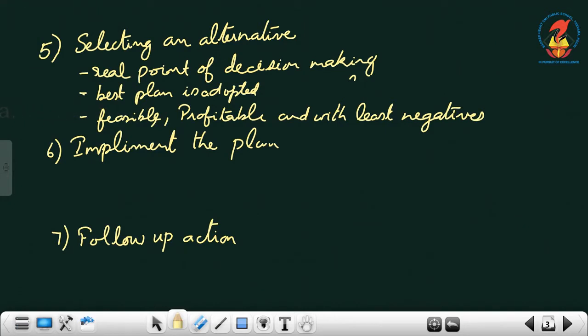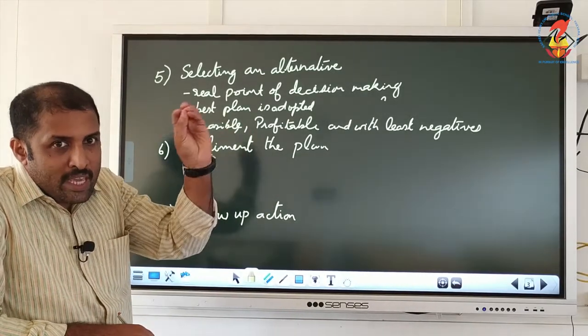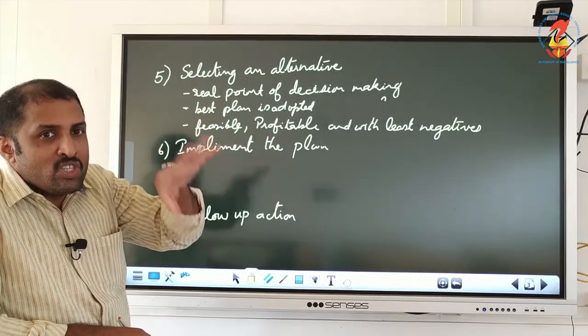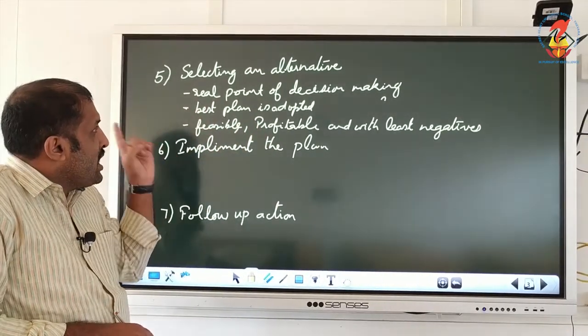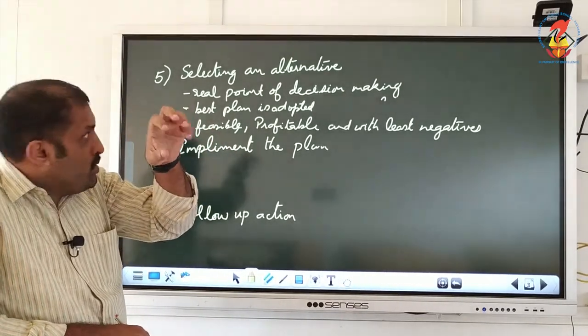So, from the different ways of achieving the objective, in the light of the objective to be achieved, analyzing the positives and negatives, we are deciding the plan which is to be adopted.